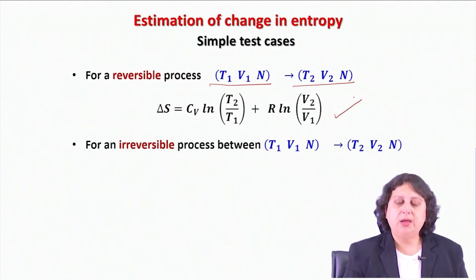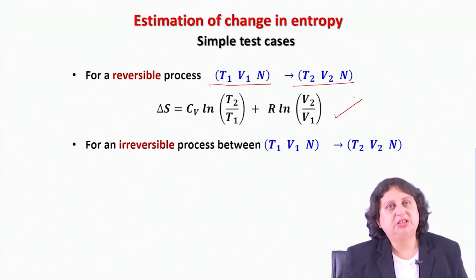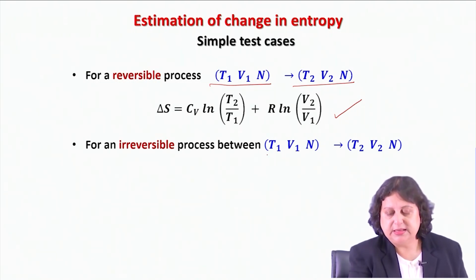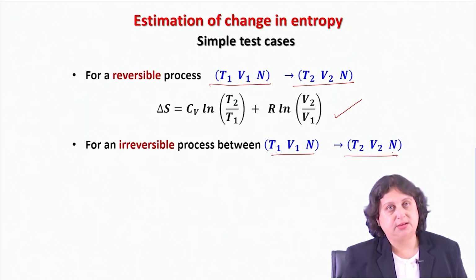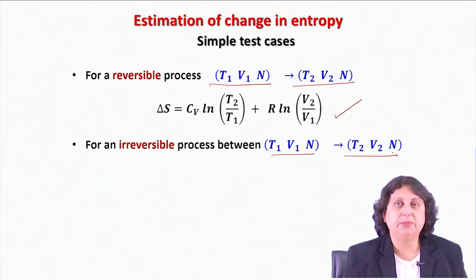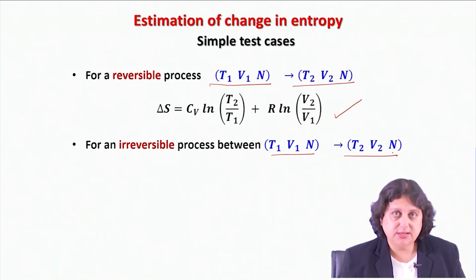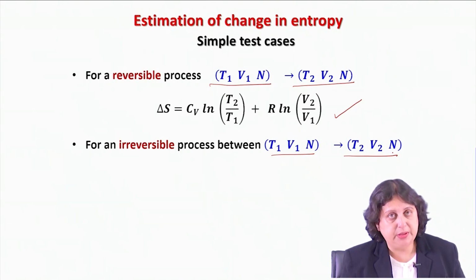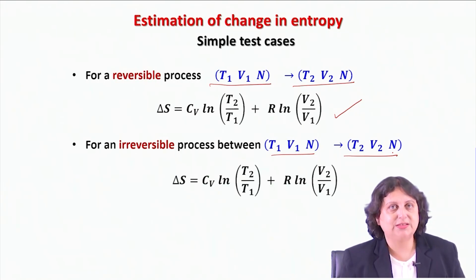Now, if I want to carry out the change in state between the same pair of initial and final equilibrium states, but this time in an irreversible manner, my question is, what will be the delta S value? Of course, the delta S value is going to be the same.